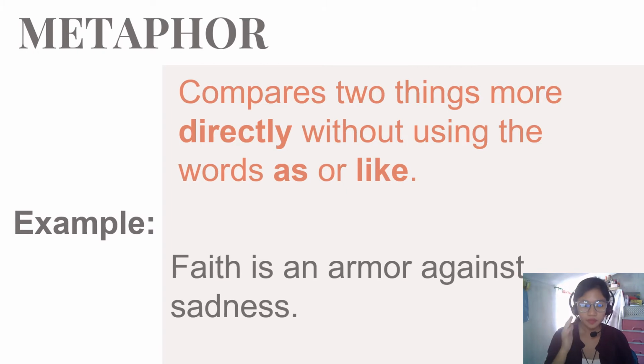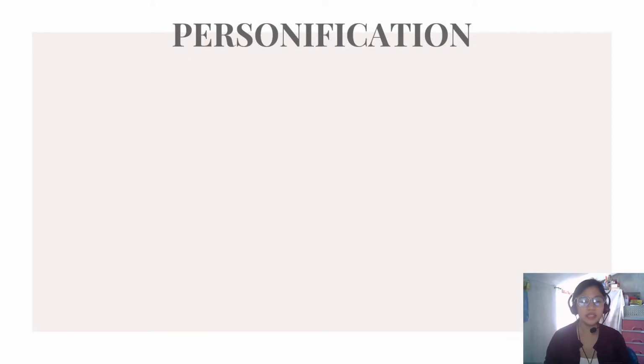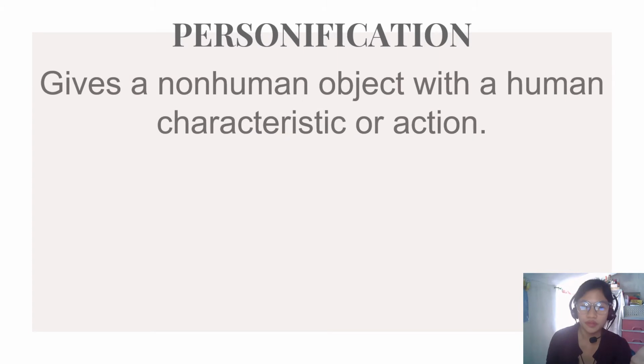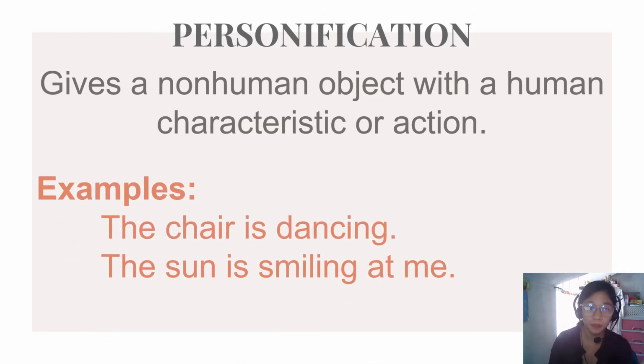Next one is personification. Personification is giving a human attribute to a non-human object, a human characteristic or action. When you say non-human, it is a non-living thing, an object only, and we give the object the characteristic of a human. For you to understand it further, listen to the example.